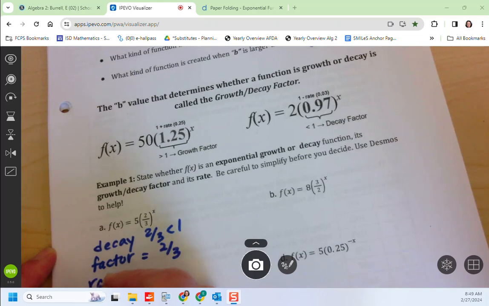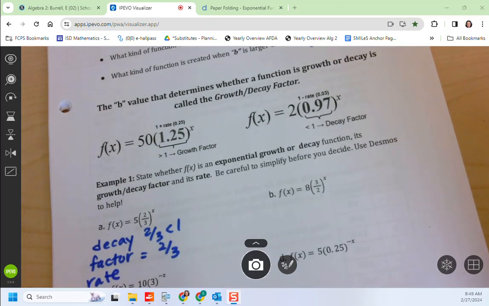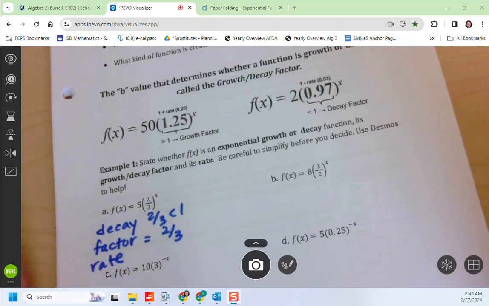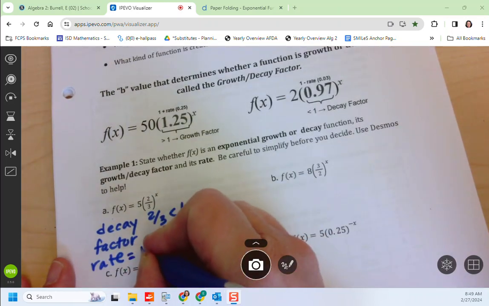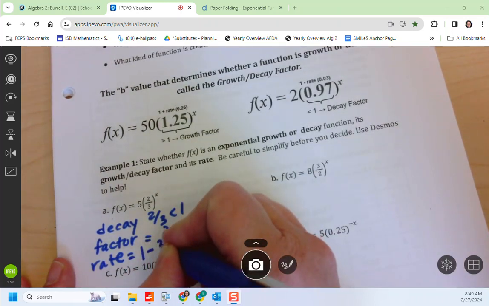But the rate is going to be the difference between the factor and 1. So it's going to either be 1 minus 2/3 or 2/3 minus 1, whichever is going to give you a positive answer. So the rate is 1 minus 2/3.